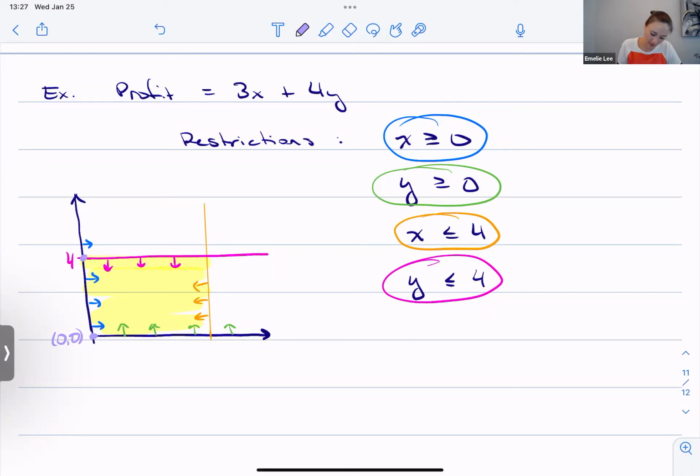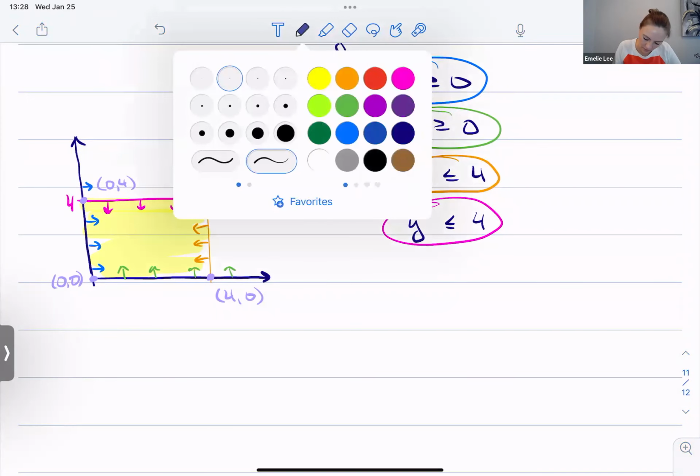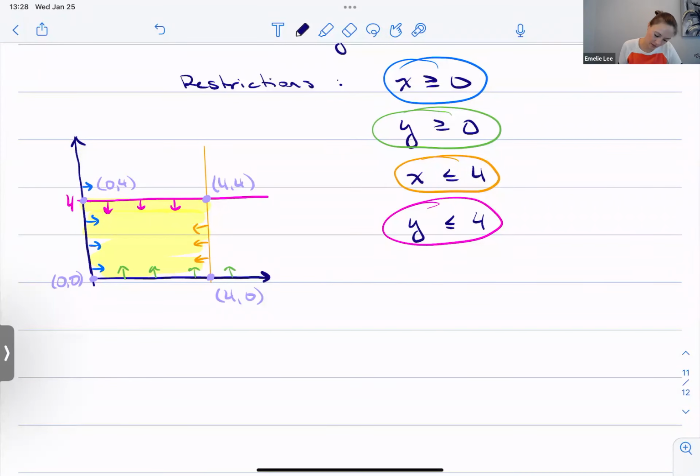This top corner is when x is 0, y is 4. This corner is when x is 4 and y is 4. And this corner is when x is 4 and y is 0. So now we can make a table of these ordered pairs.